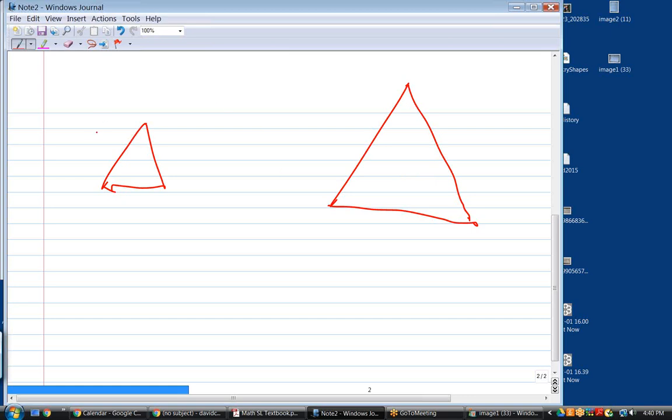Similarity has lots of interesting things. The most important is that the ratios between corresponding parts are the same.